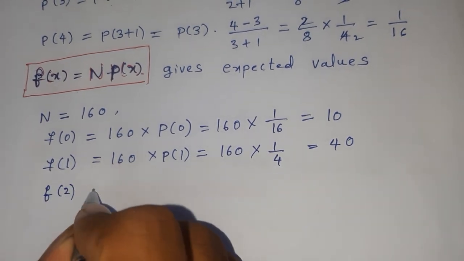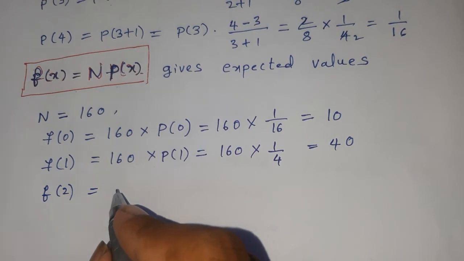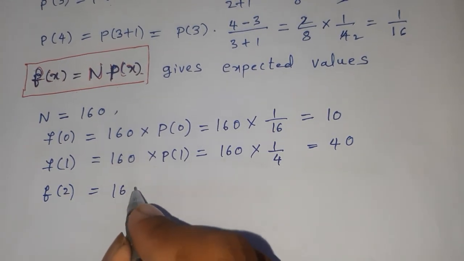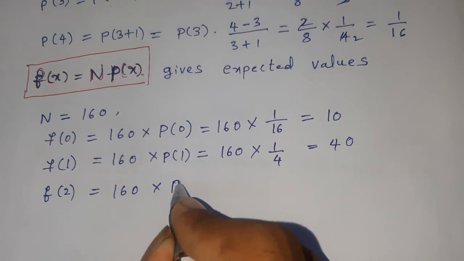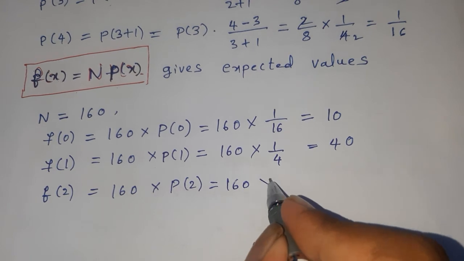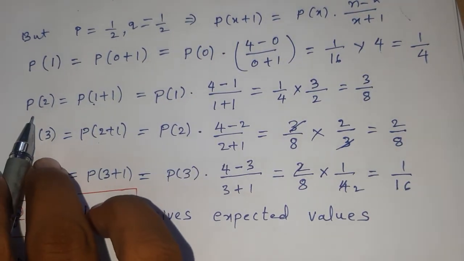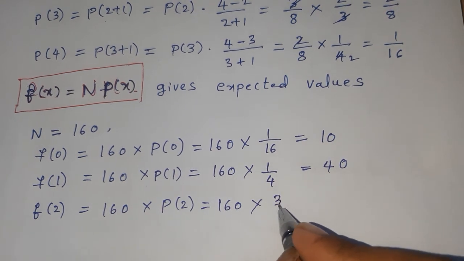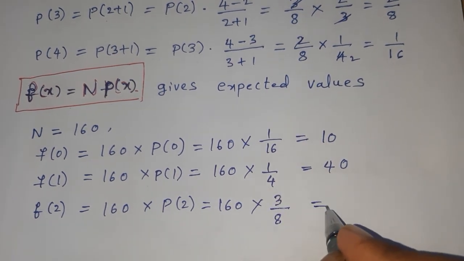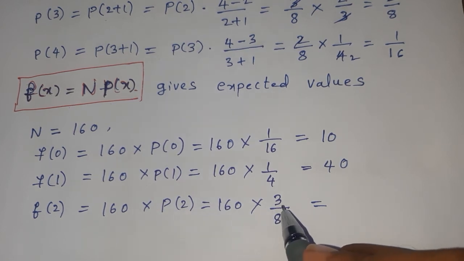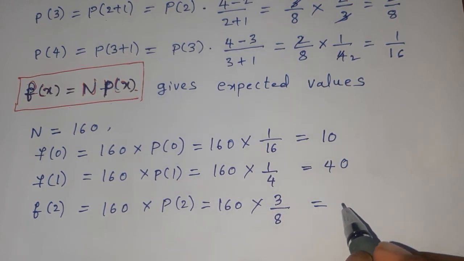For 2 heads, the number of cases having 2 heads among 160 is 160 into p of 2. The probability for getting 2 successes is 3 by 8. That is 20 into 3, 60.